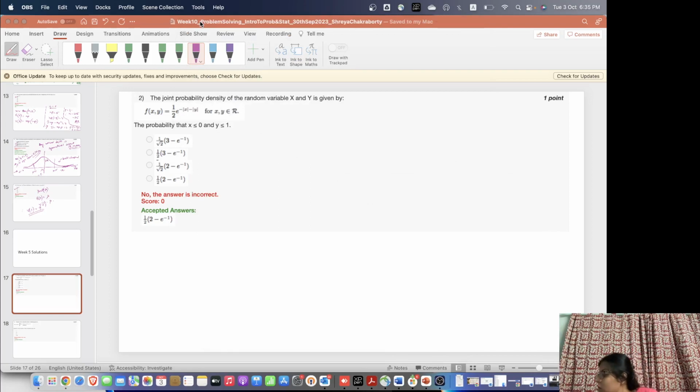Before moving into this, we have to see what values x and y can take and what should be the sign of mod x and mod y in those intervals or ranges, and then accordingly we have to prepare.